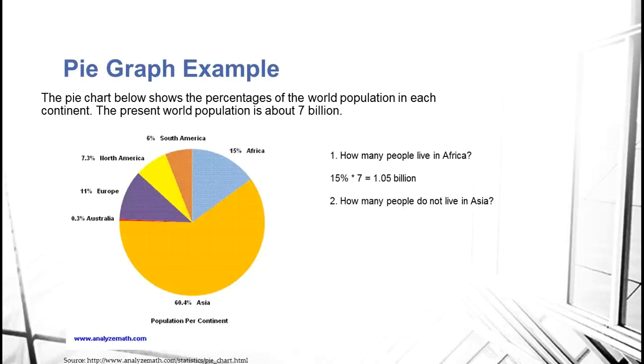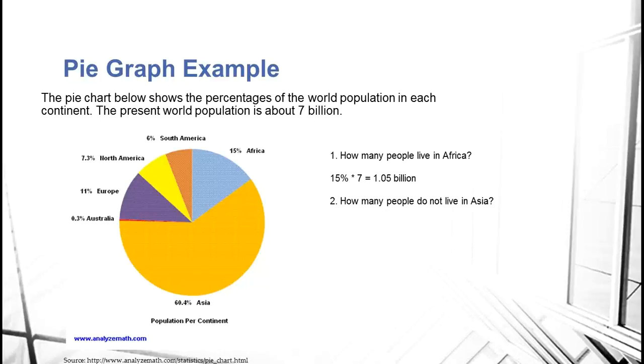They might also ask you things such as, how many people do not live in Asia? So rather than doing a calculation for how many people live in Africa, how many do not live in Asia? A very simple way to do this would be to take the population in this case that does live in Asia and subtract it from 100%, or subtract it from that 7 billion.